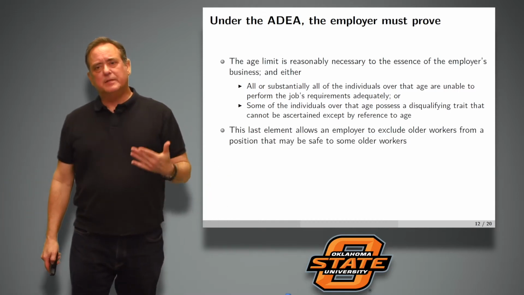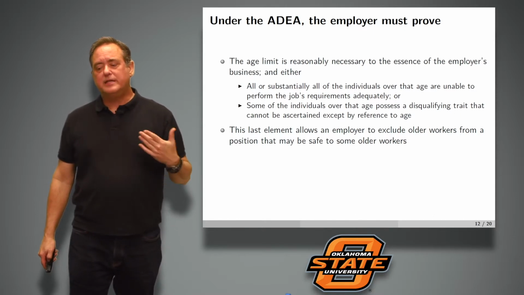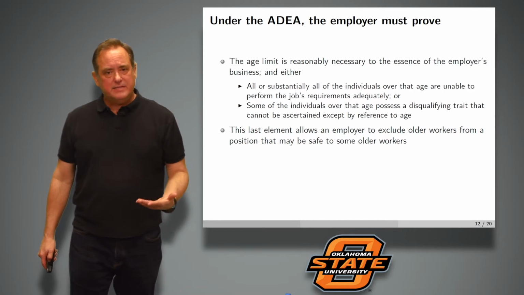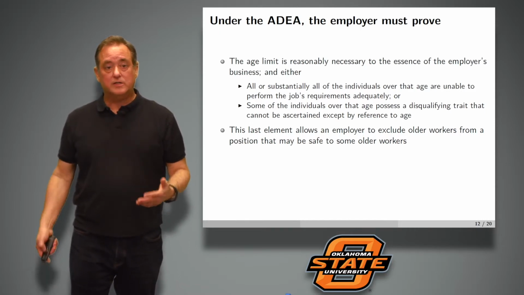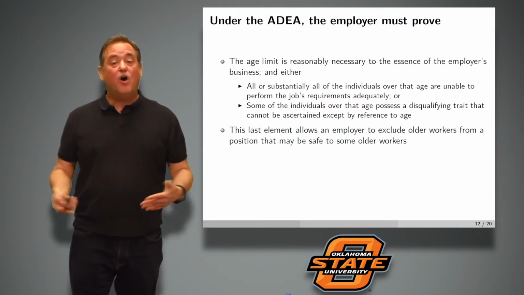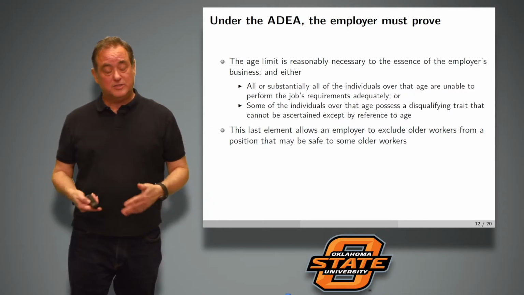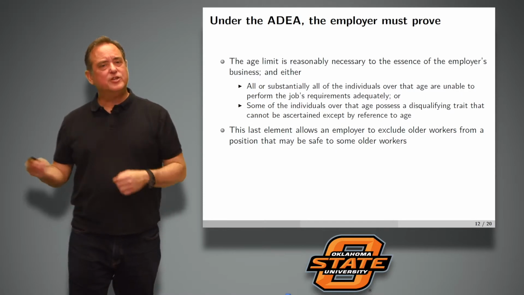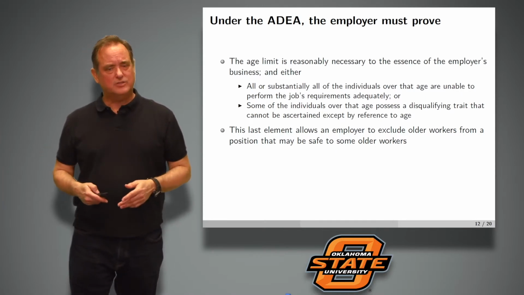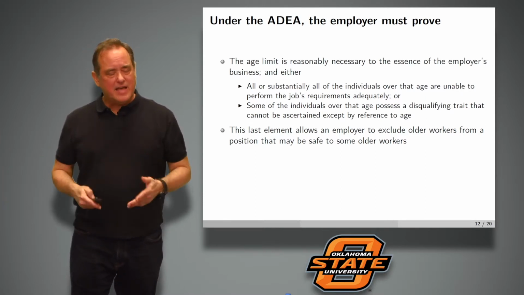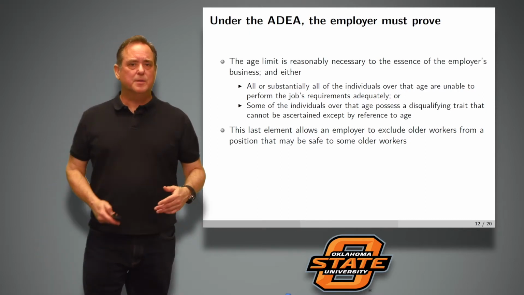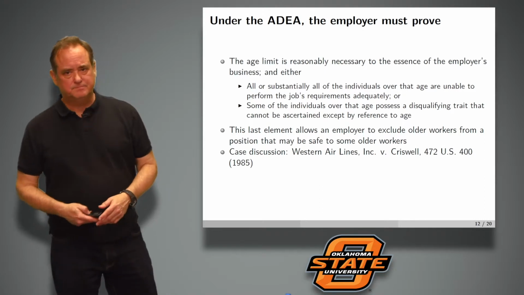This last element allows an employer to exclude older workers from a position that may be safe for some older workers, that in fact may be safe for all older workers, or substantially all older workers, a majority of older workers. But if I can show that some older workers can't do that job, then that's enough to establish a BFOQ. So it's much easier to establish a BFOQ for age.